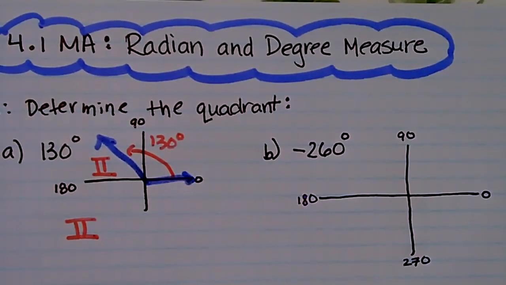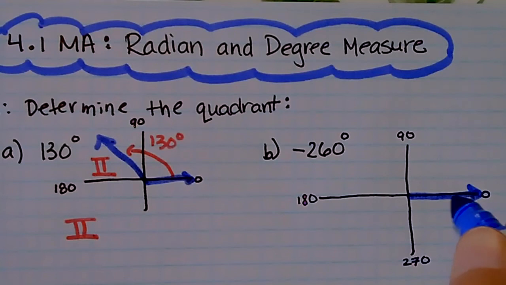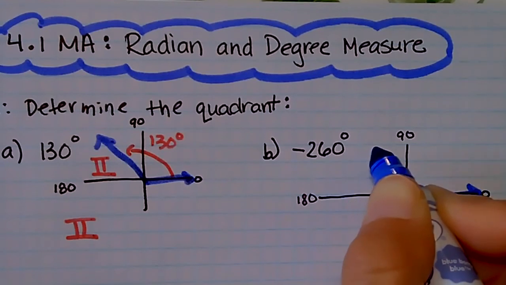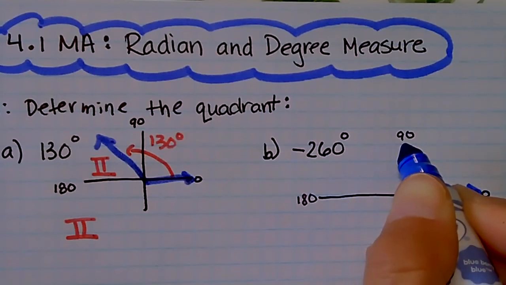So in this case, I am again going to start here. Okay, now I'm going to be going this direction this time. So as I'm going around this, I've gone 90, I went another 90, which makes 180. If I go another 90, that puts me at a 270.